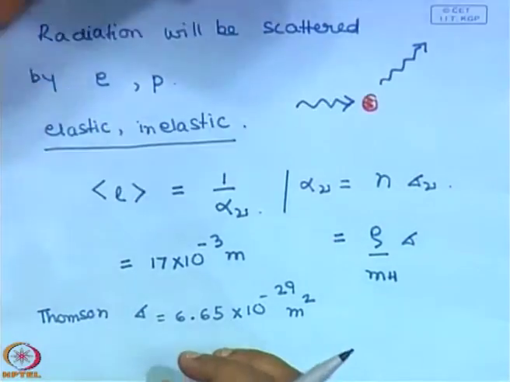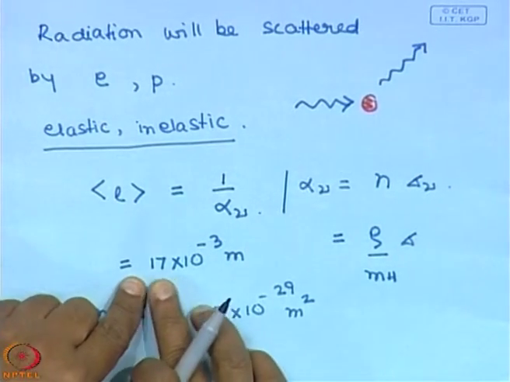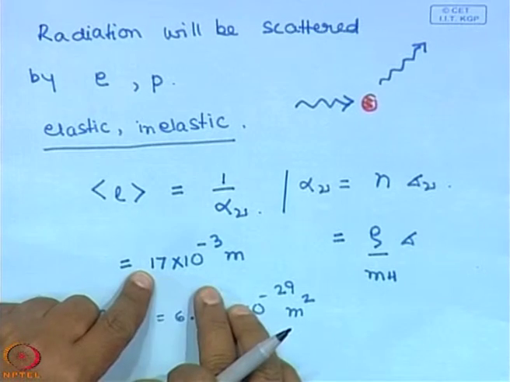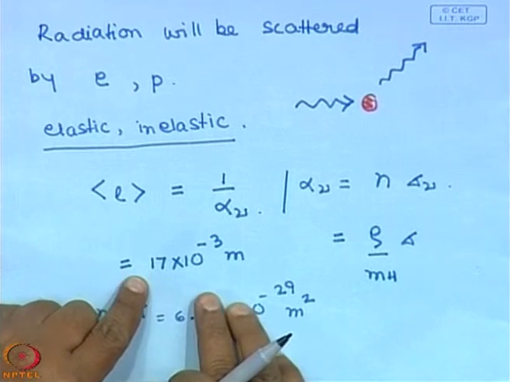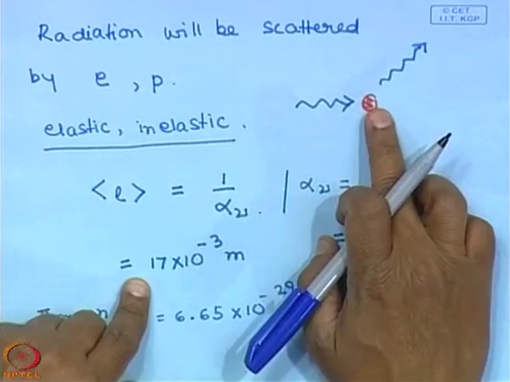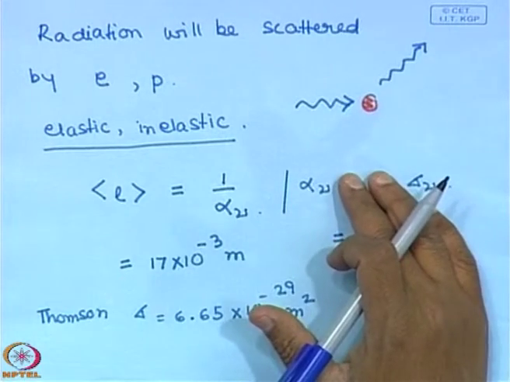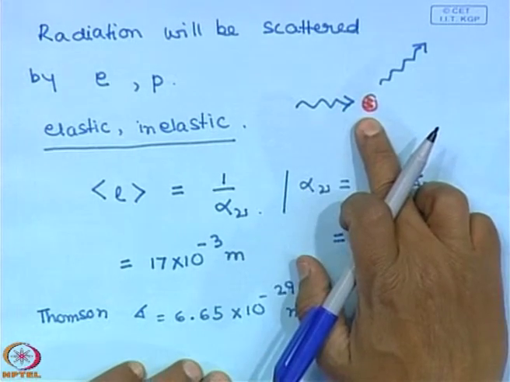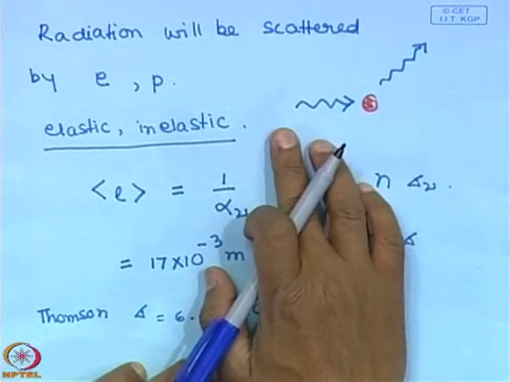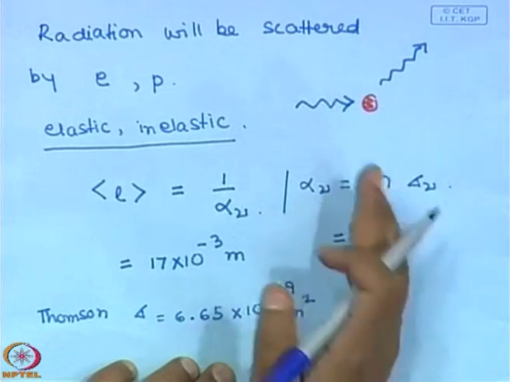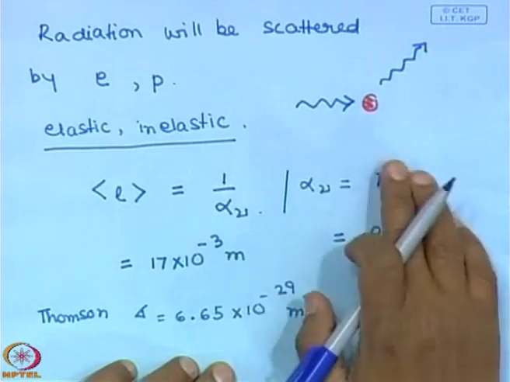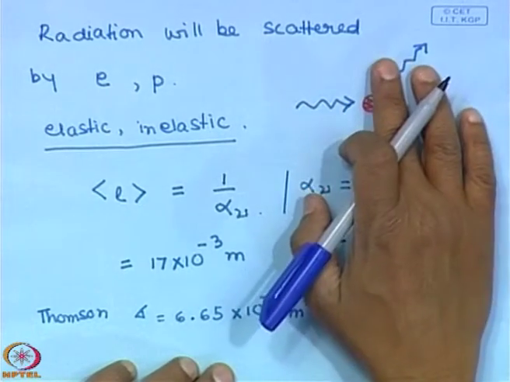It can only propagate around a centimeter before it gets scattered by electrons. And as a consequence of this scattering, the photon that is propagating outwards will now, after scattering, be propagating in some other random direction.